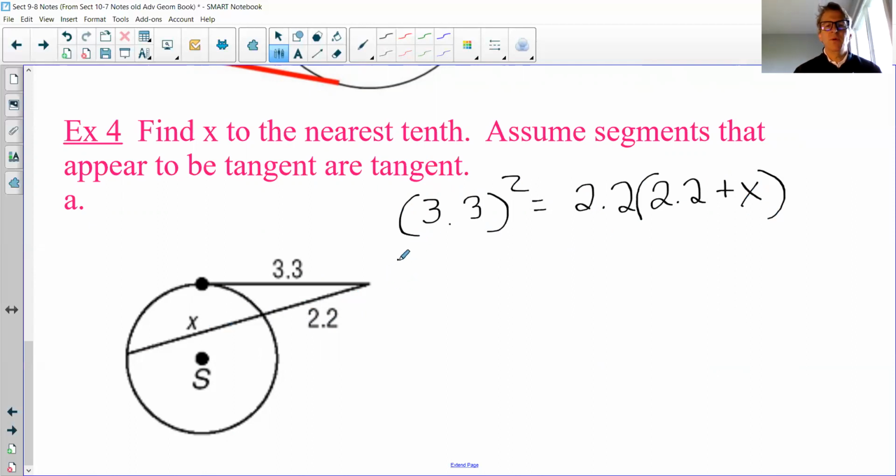3.3 squared is 10.89. Distributive property: 2.2 times 2.2 is 4.84, plus 2.2 times x.